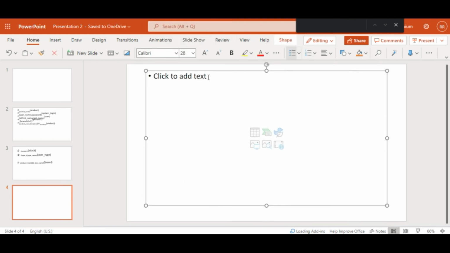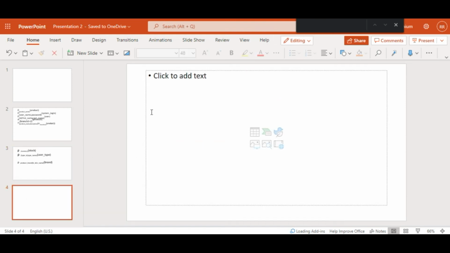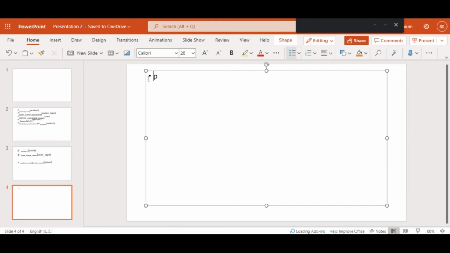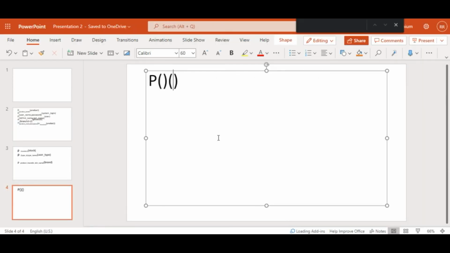So we need to rename. We are renaming from the GRN item table, therefore I have to mention the table name, GRN item table, and after that I mention the new names.